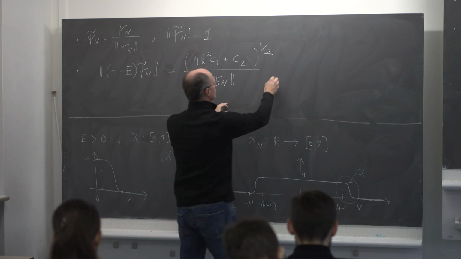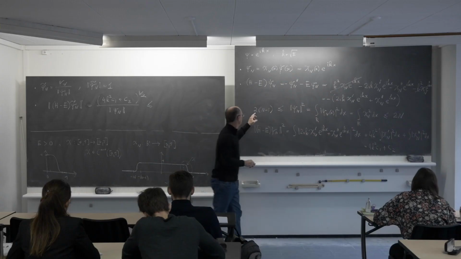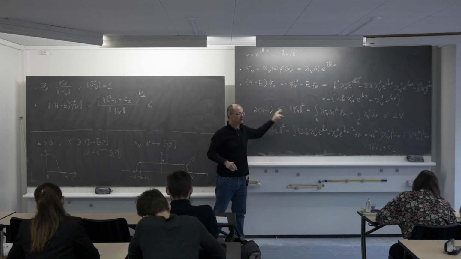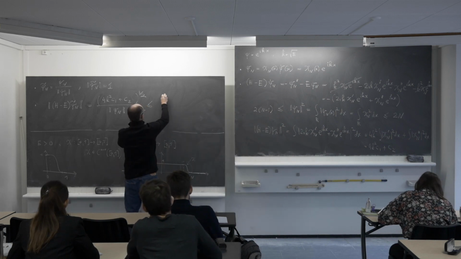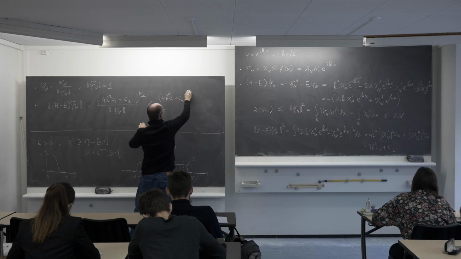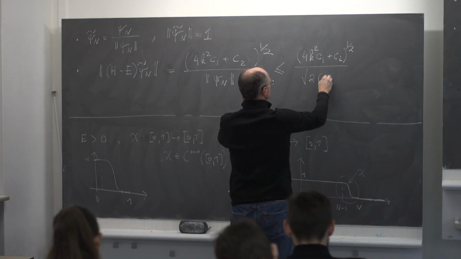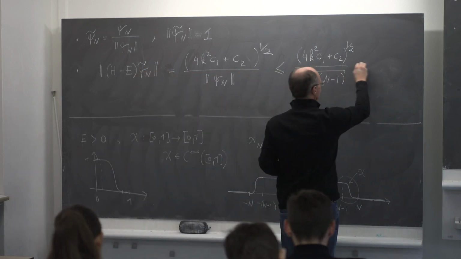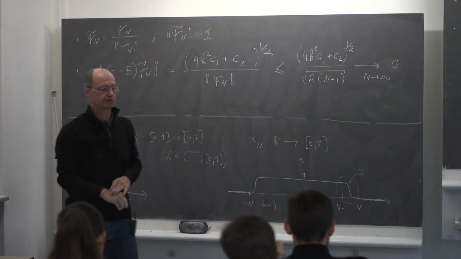So that we can estimate from above using this estimate, right? There is an estimate from below on the L2 norm of psi n. So this is smaller or equal to this funny constant, whatever it is. This is independent of n, divided by the square root of 2n minus 1. And of course, this goes to 0 when n goes to infinity.